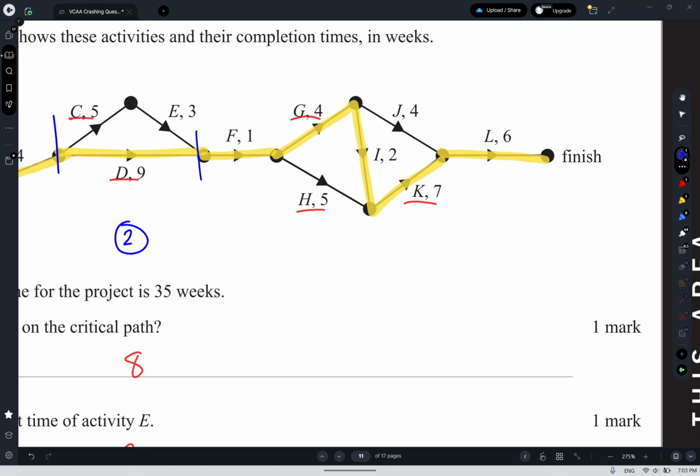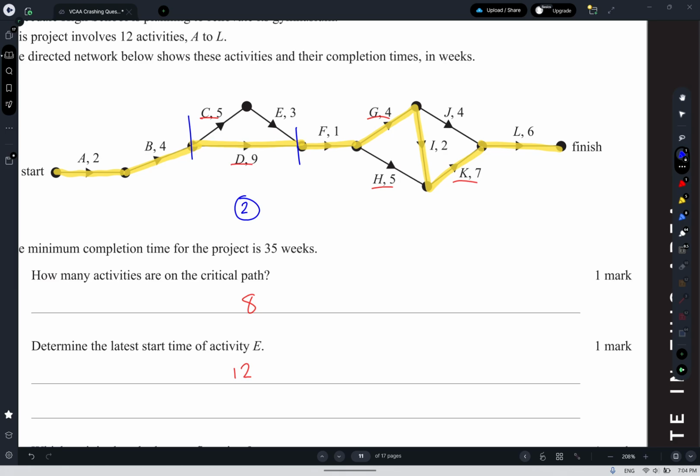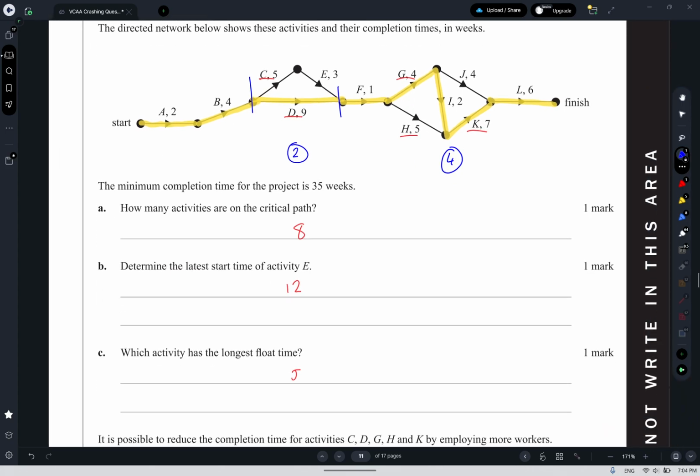So reducing G and K each by 2 would reduce the critical path down to 2 plus 2 plus 5, which would be 9. Originally this took 4 plus 2 plus 7, which was 13, so it's been reduced by 4. The other section's been reduced by 2.